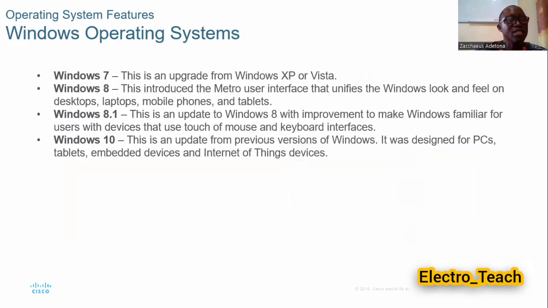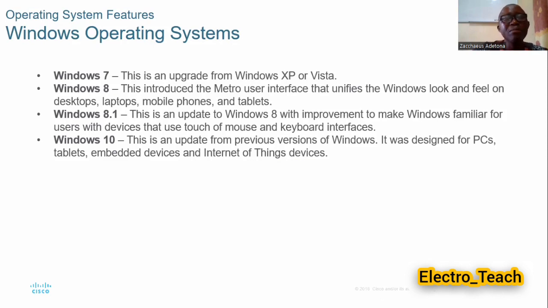Windows XP and Windows Vista were the last before Windows 7 came about. Windows 7 was an upgrade from Windows XP or Windows Vista. But right now, most systems don't have Windows XP or Windows Vista any longer. And in fact, even Windows 7 is almost being phased out now, but some systems still do use Windows 7.